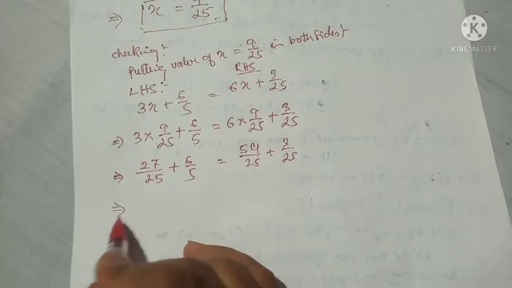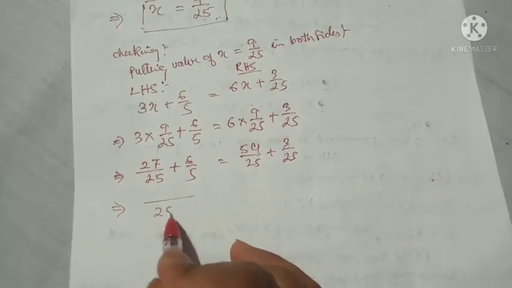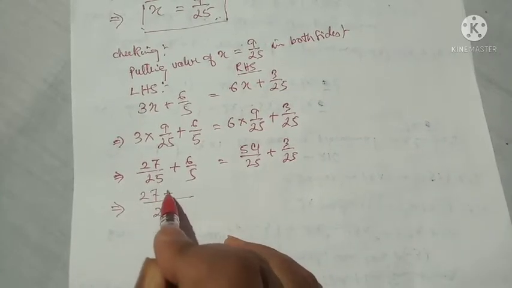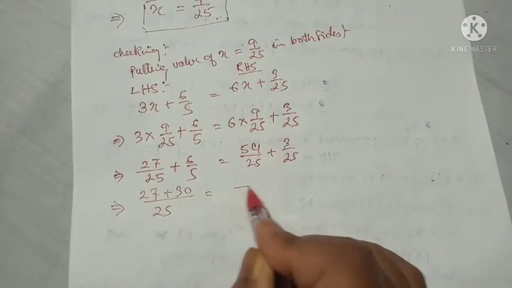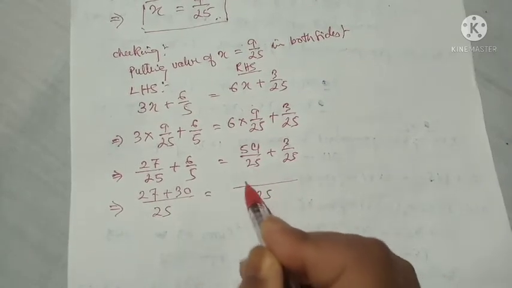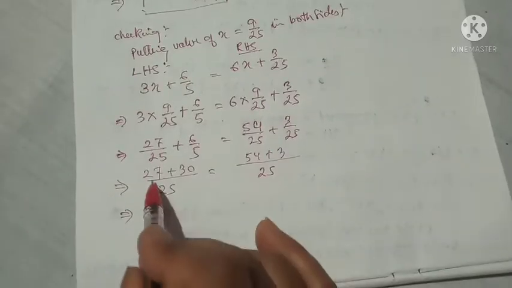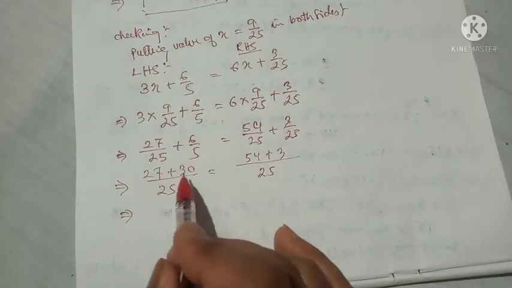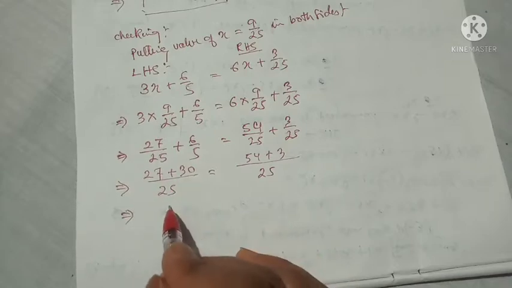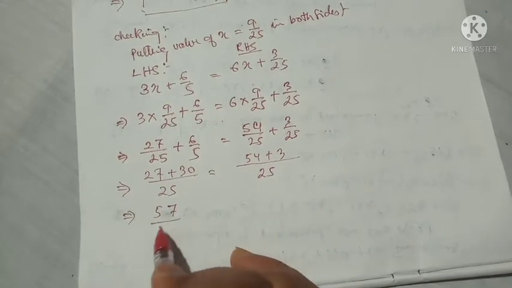The LCM of this side is 25. 27 plus 30. In this side, both denominators are the same, so 25. 54 plus 3. You have to add both numerators. The answer comes 57 by 25.